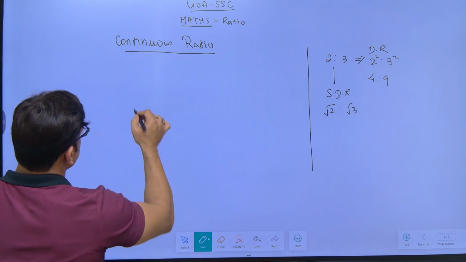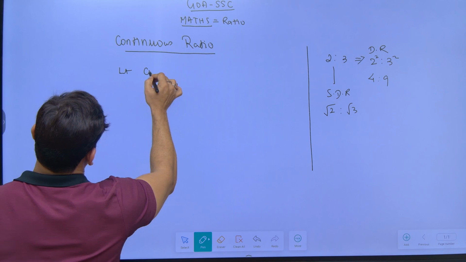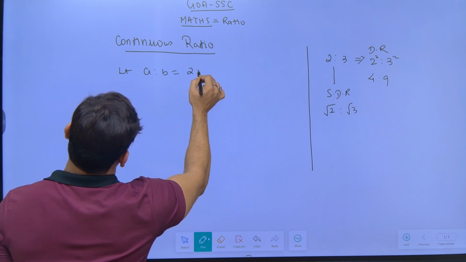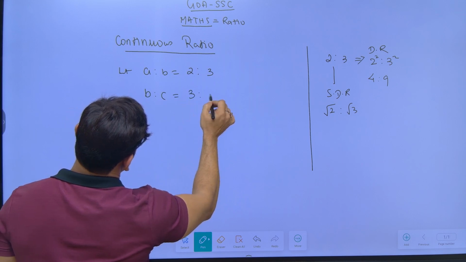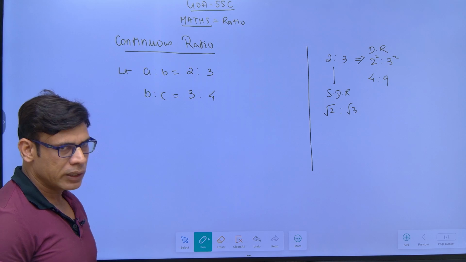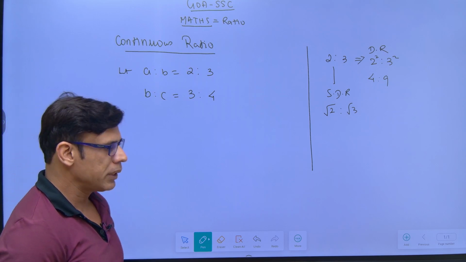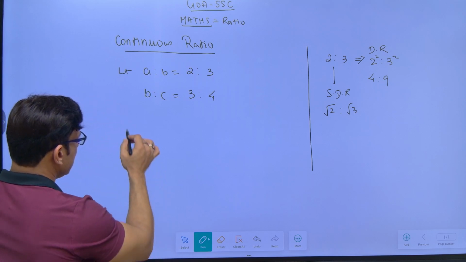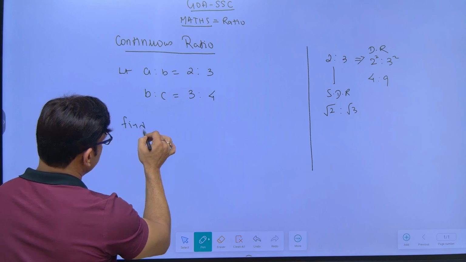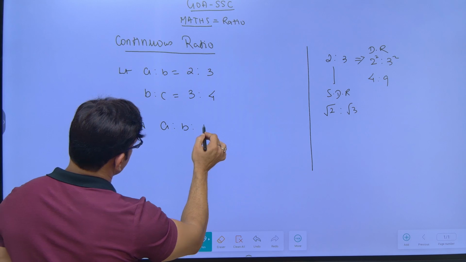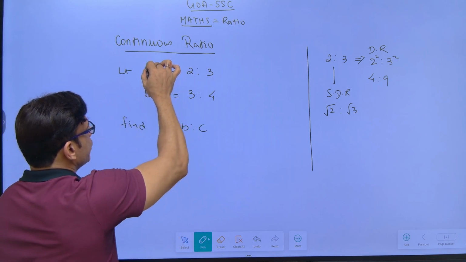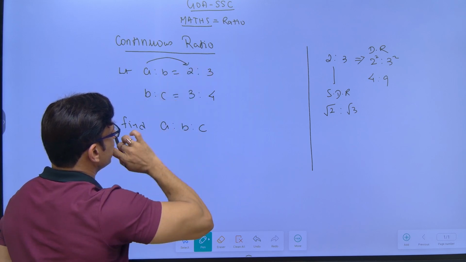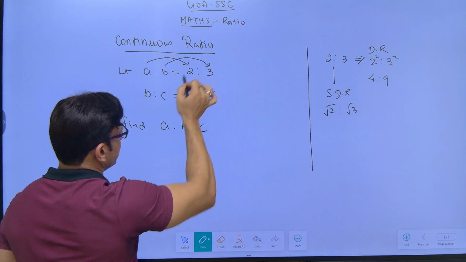For example, if I say let A is to B is 2 is to 3 and B is to C is 3 is to 4, and then I ask you to find out A is to B is to C. So understand, on the ratio scale A is 2, and when A is 2, B is 3.